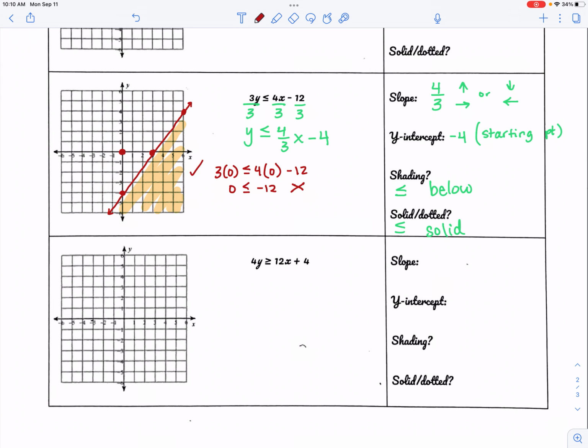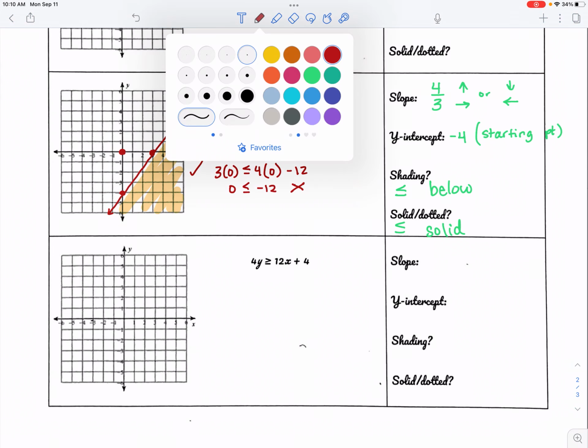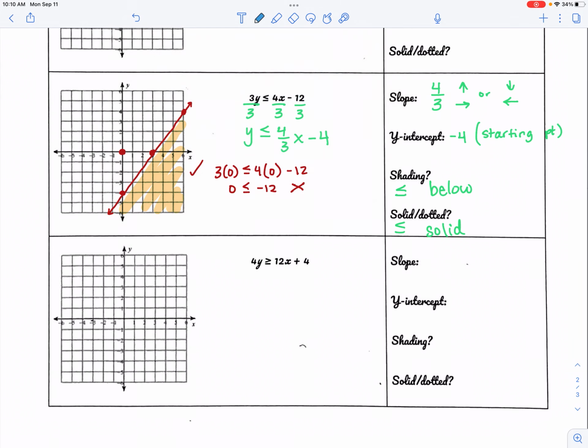Now if that confuses you, then pick a point in the shaded region. It's just going to look a little bit different. So if I pick, let's say, 4, -1 here, and remember, any point in the shaded part. If I pick 4, -1, and I plug this in, so 3 times -1 is less than or equal to 4 times 4 minus 12.